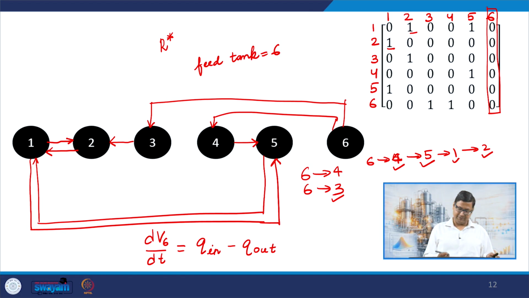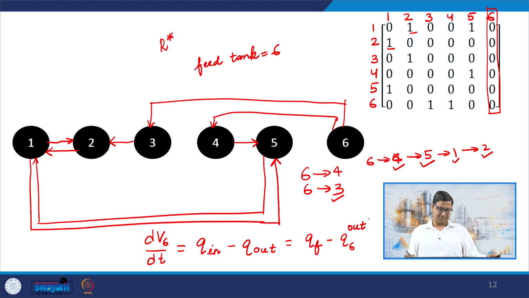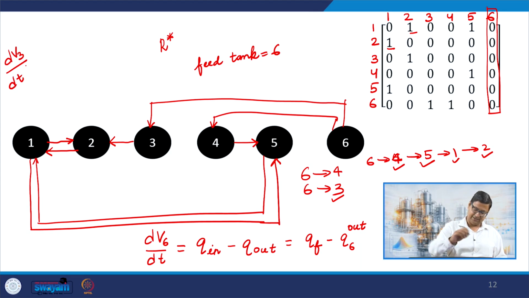And let me call this input qf, which is basically the feed that is coming in, and let me represent the output as q6 out, just to represent that it is coming out of 6. Now this is going into 3 and 4. So for 3, again I can write the equations.